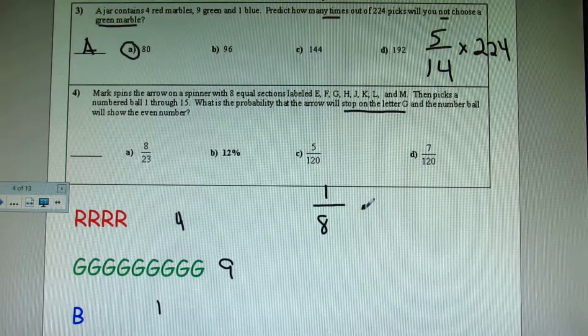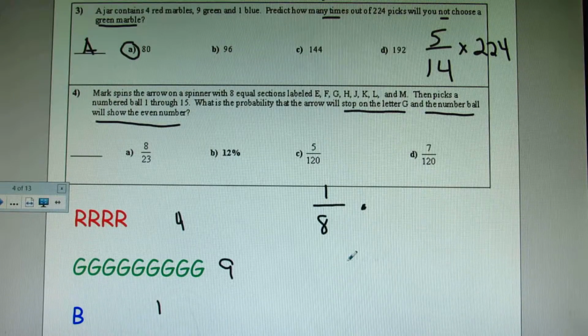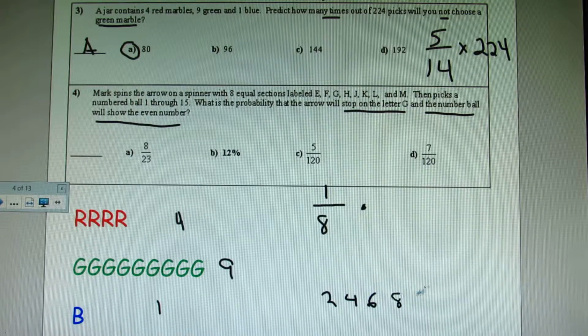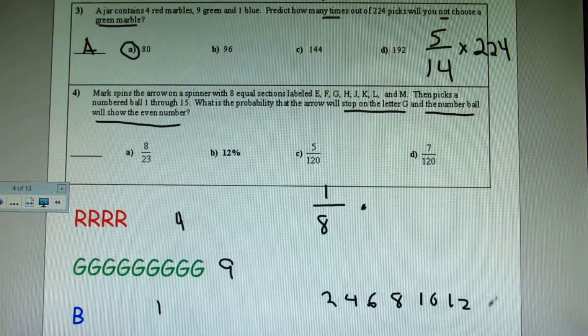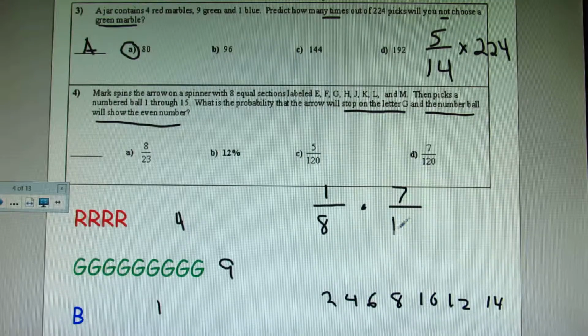The second thing I need to figure out is how many times the numbers are going to land on an even number. So there's 1 through 15, so I'm going to count. There's 2, 4, 6, 8, 10, 12, and 14, because I'm not going higher than that. So there are 7 numbers out of 15 numbers.